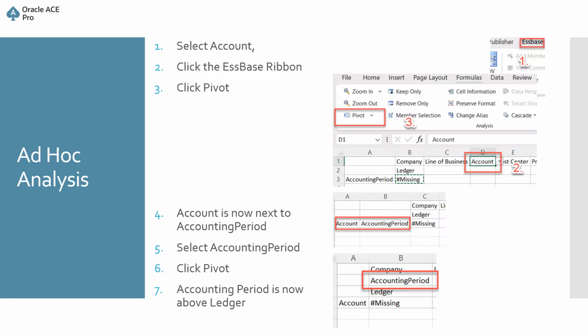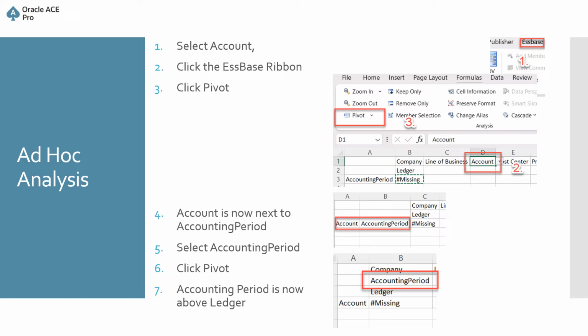In that second screenshot, you've got account in column A, and accounting period has been moved over to column B. I will then typically click on accounting period, a single click, and I will stress that. Anytime you hear this presentation and you hear us say click, that means a single click.